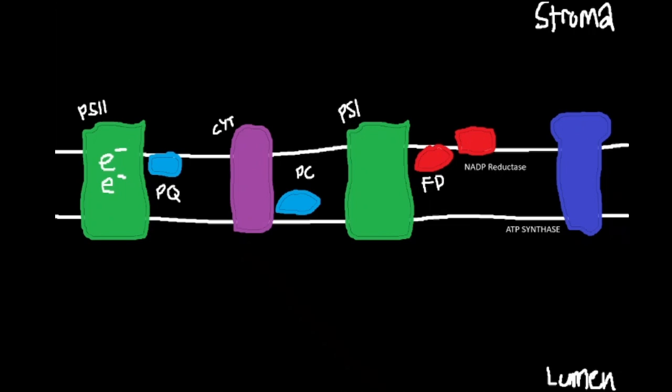The sole purpose of the electron transport chain is to make the necessary compounds for energy, in order for other functions to work, such as the Calvin cycle.